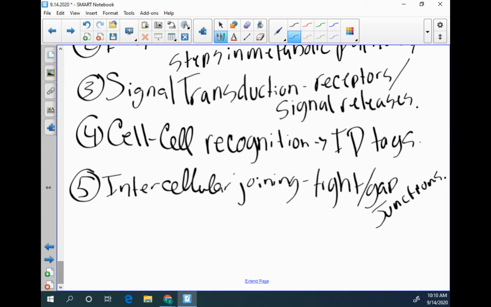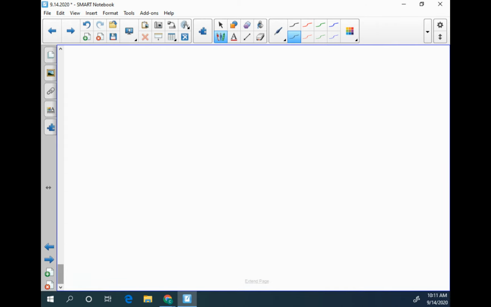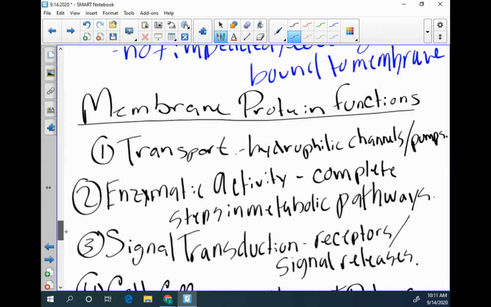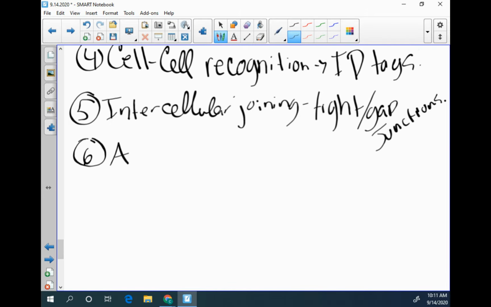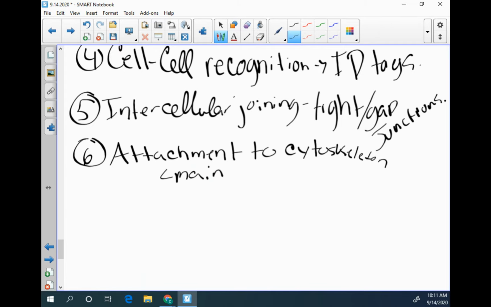And the last function, oh, that is 6, not 5, is attachment to the cytoskeleton. And this helps us maintain shape.